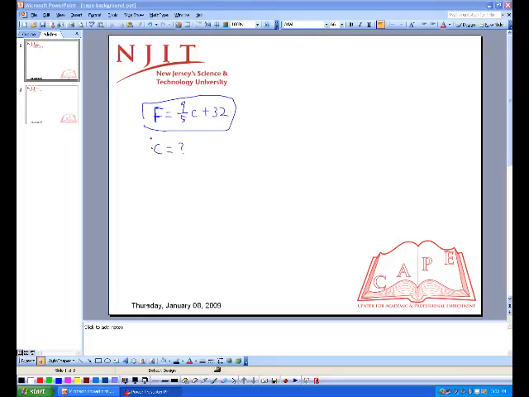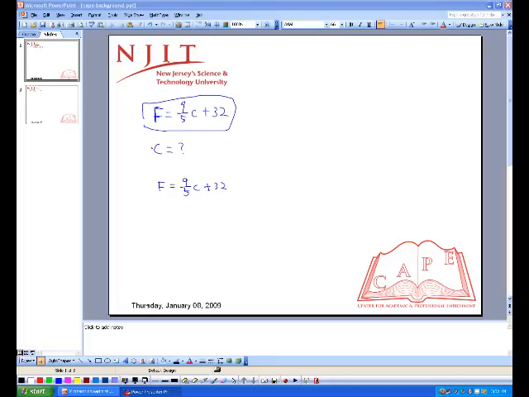So how do we do that? It's really just rewriting this original equation and getting rid of all additional numbers, and then having only C left on the right side.